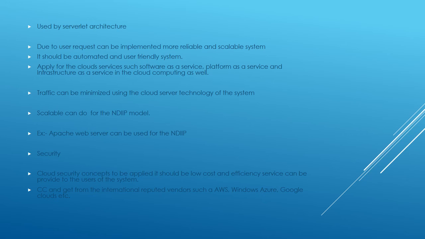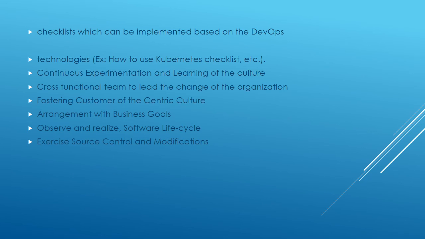An example, Apache web server can be used for that in NDIIP, and the security, cloud security concepts to be applied to that should be low cost and efficiency service can be provided to the users of the system, and they get from that international reputed vendors such as AWS, Windows Software, and the Google Clouds, etc. These are the checklist which can be implemented based on the DevOps.